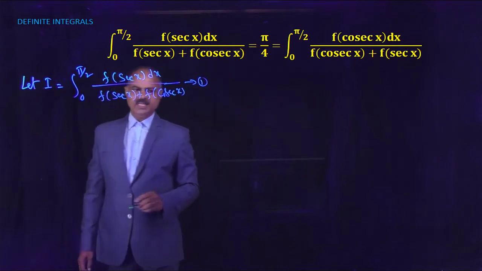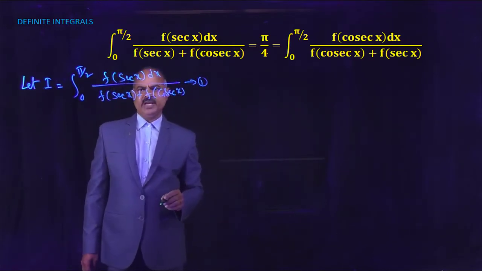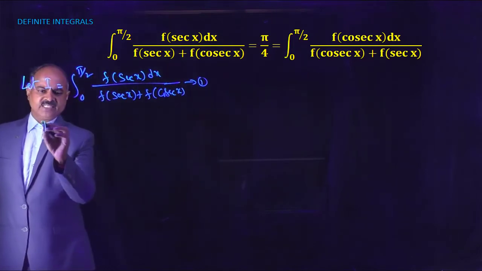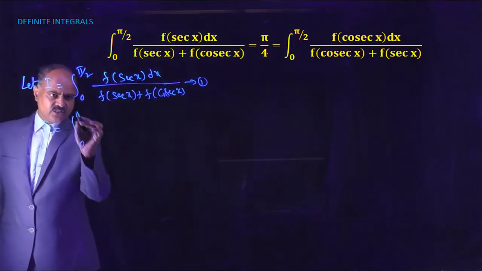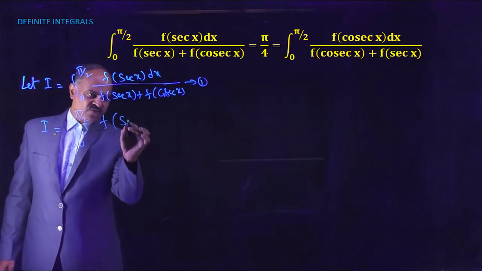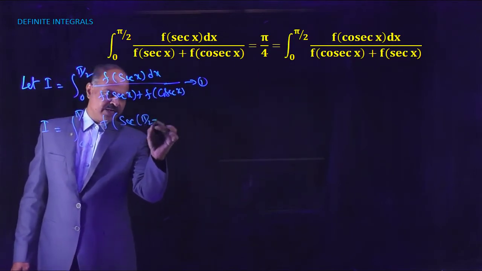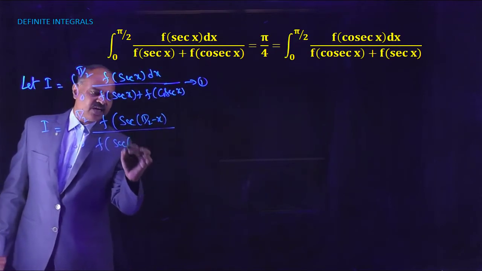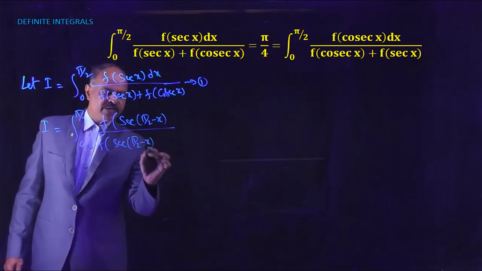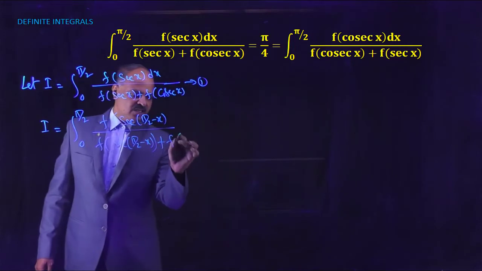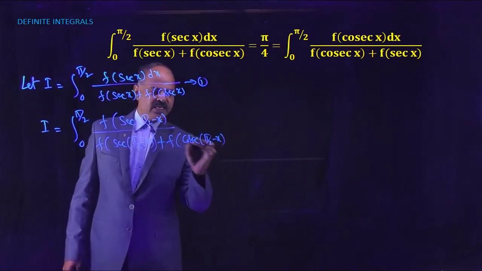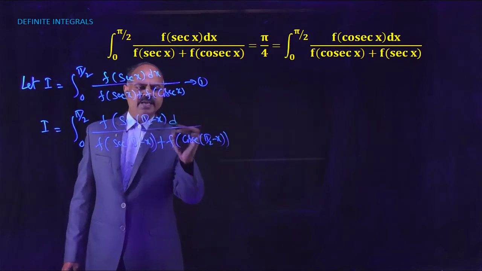By applying the property integral 0 to a f of x dx equal to integral 0 to a f of (a minus x) dx, we get integral 0 to pi by 2 of f of secant of (pi by 2 minus x) divided by (f of secant of (pi by 2 minus x) plus f of cosecant of (pi by 2 minus x)) dx.